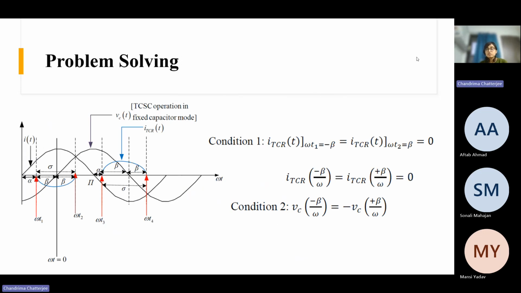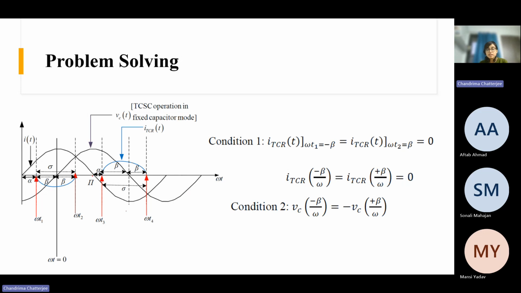Therefore, we will consider the boundary conditions. If you see this diagram over here, this is the line current, sinusoidal or cosinusoidal, whatever. This is the line current IT, and this blue current is the current through the TCR unit.